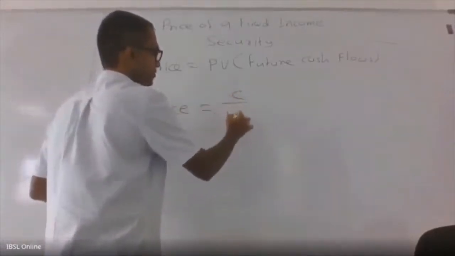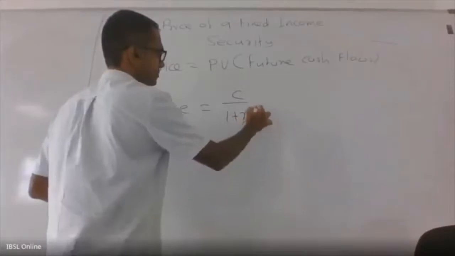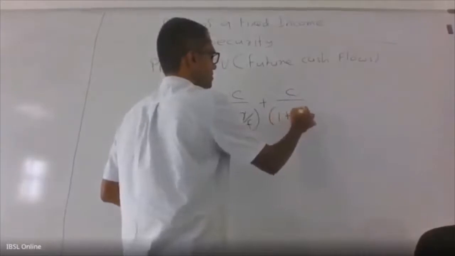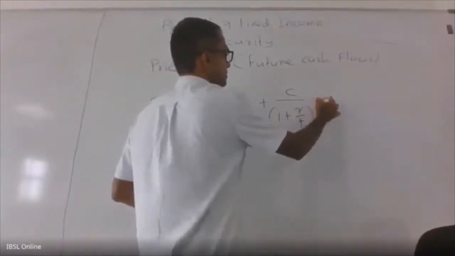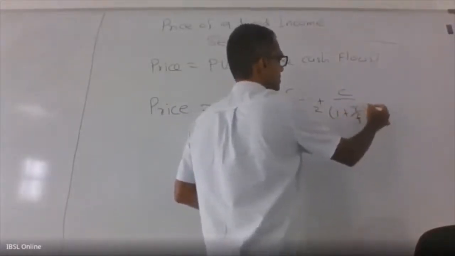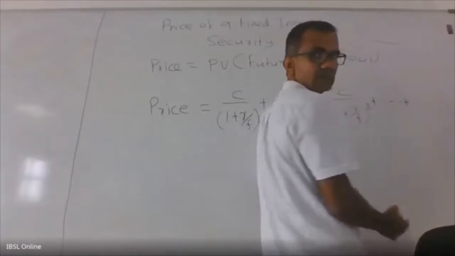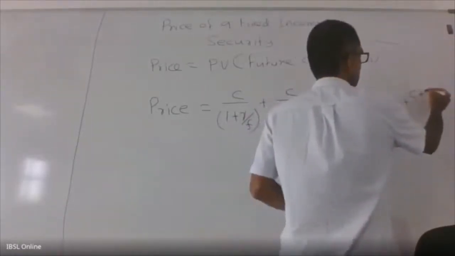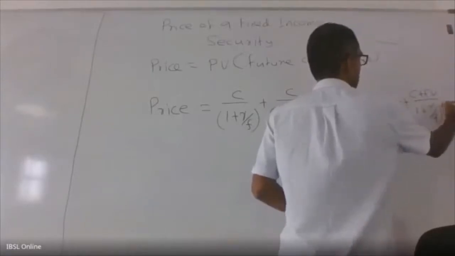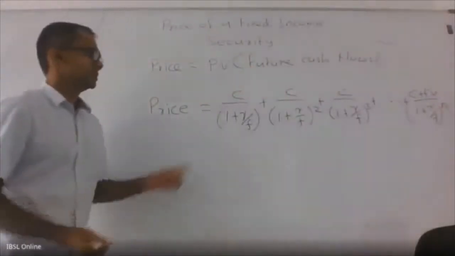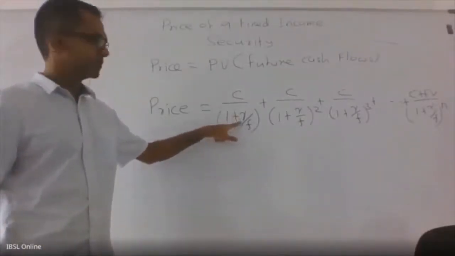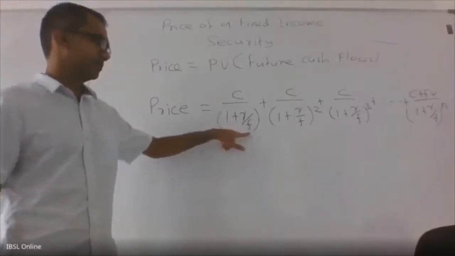Each cash flow, the coupon, is discounted using the required rate of return and this frequency.